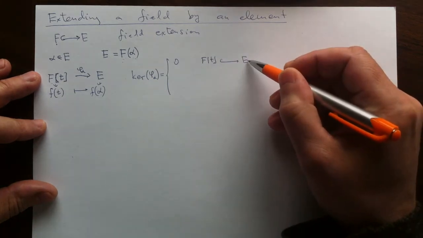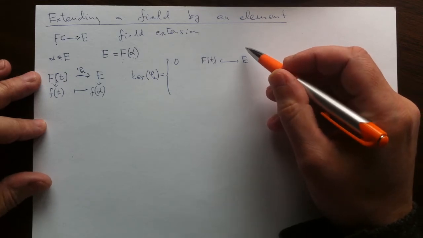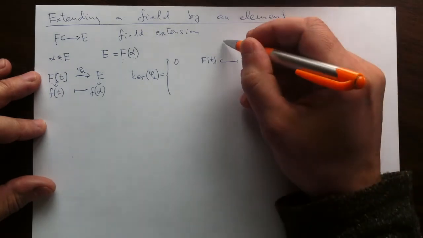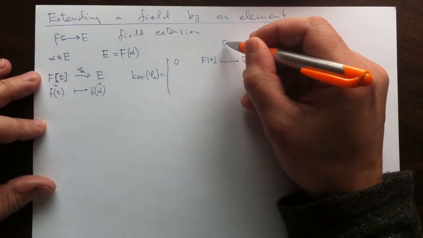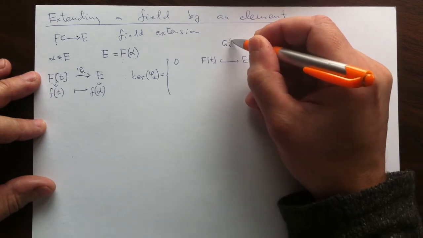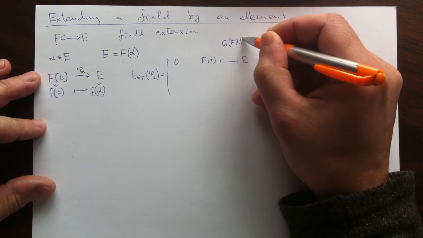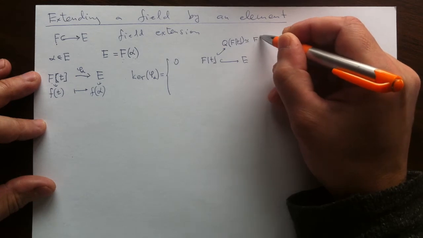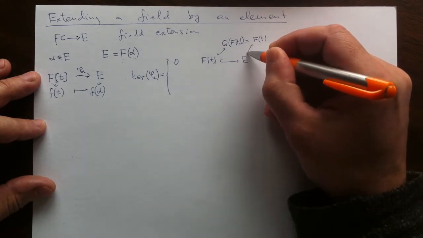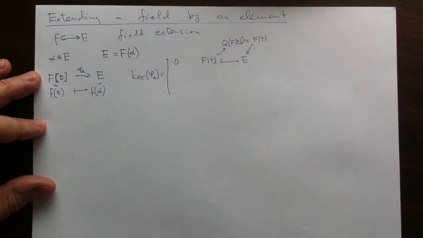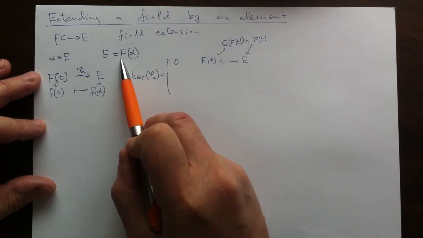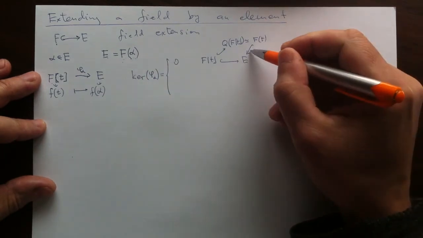But now let's remember that E is also a field, and so any nonzero polynomial has to have an inverse in E. That means we have to go through the rational construction, a field of fractions, which is also called the field of rational functions. So that has to sit inside E. And if E is one of those fields extended by a single element, then this has to be an isomorphism.